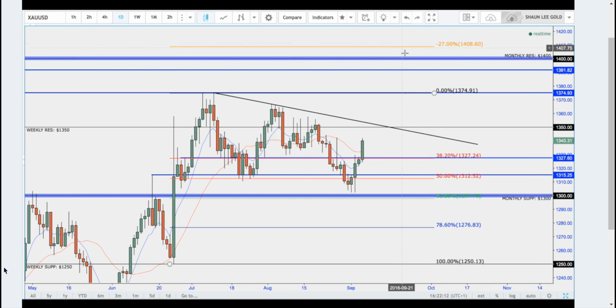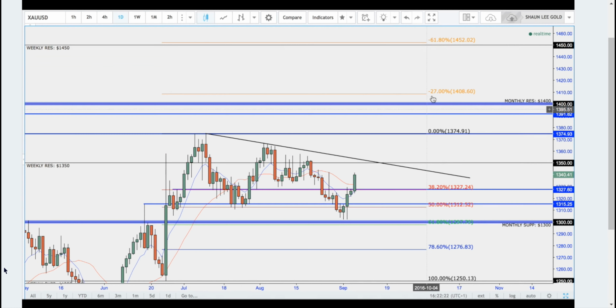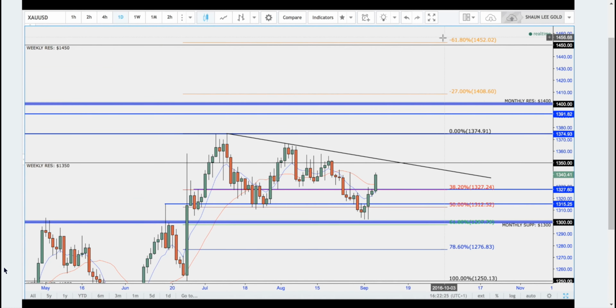Now in this scenario, if we do have an area of resistance, in this case on a bullish Fibonacci, just before our minus 27. You've heard me speak a lot about the minus 27, but we can always take the minus 61.8 target 2 into consideration, but the minus 27 is the one I personally look for in order to take my profits.